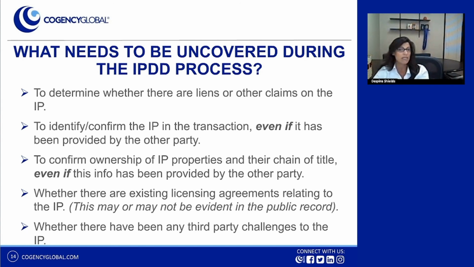Are there any existing licensing agreements relating to the IP, which may or may not be evident in the public record as we've mentioned before, so this requires some additional searching. And are there any third-party challenges to the IP? There could be something going on that needs to be brought forth, and so uncovering any of those challenges against the IP becomes very important.